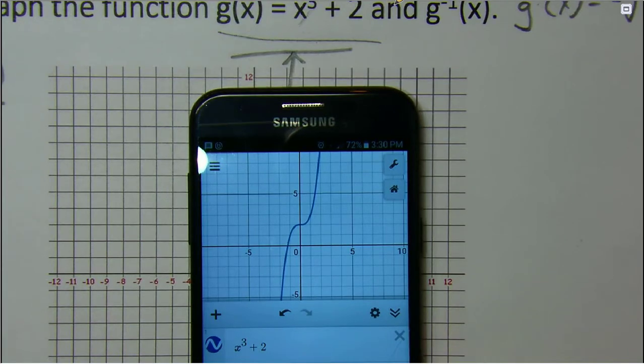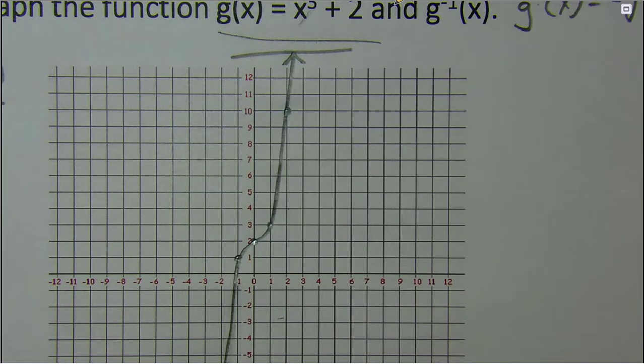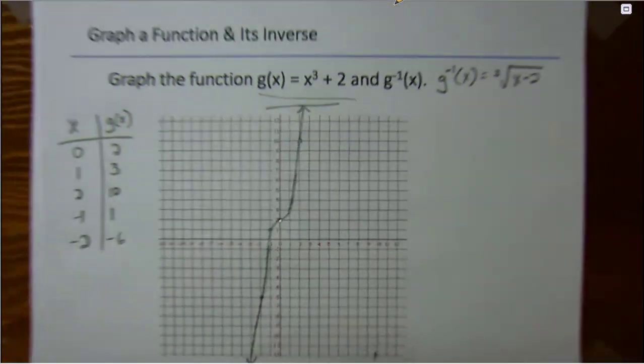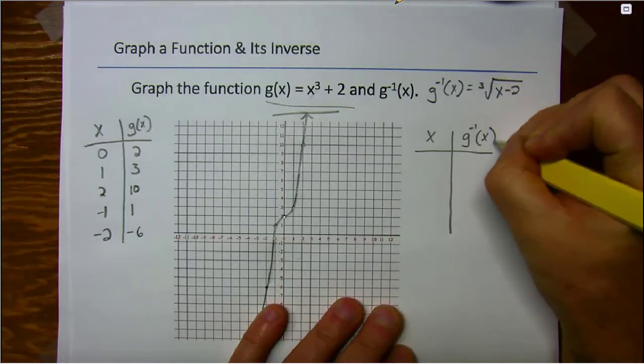You could certainly graph that on your graphing calculator or on Desmos as well, but certainly their graph approximately matches ours. Okay, now at the same time we want to graph the inverse function, so let's do that.